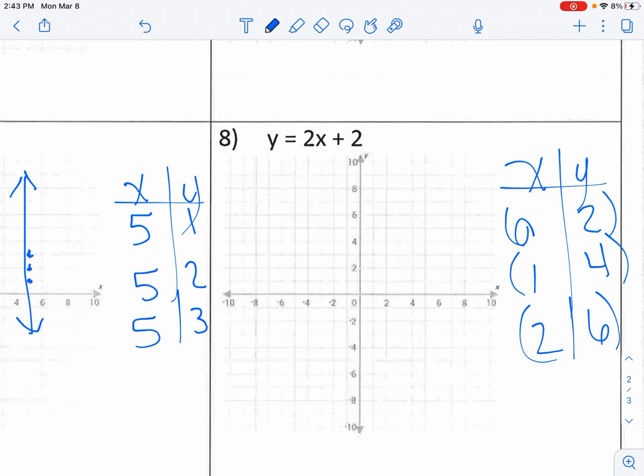Okay, so we're going to go to 0, 2, 1, 4, and 2, 6. And there's our line. So again, the slope of this line is 2, and the y-intercept is 2. So you can see that that line hit the y-axis right at 2.